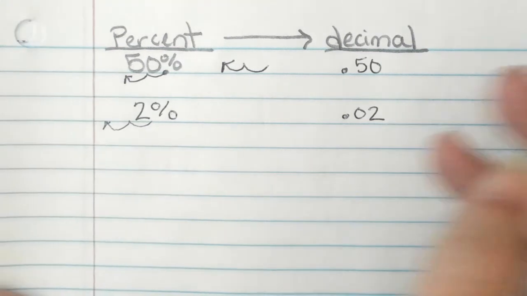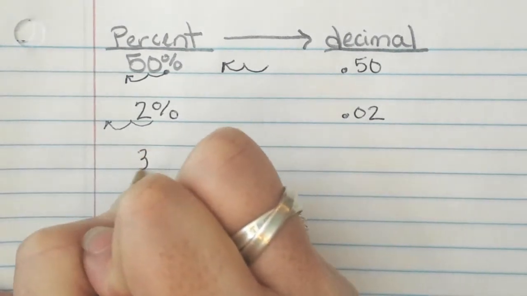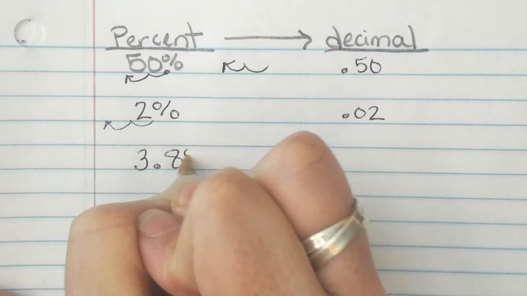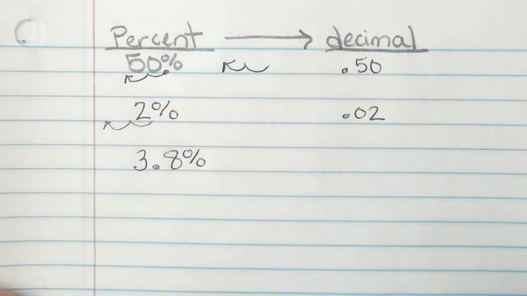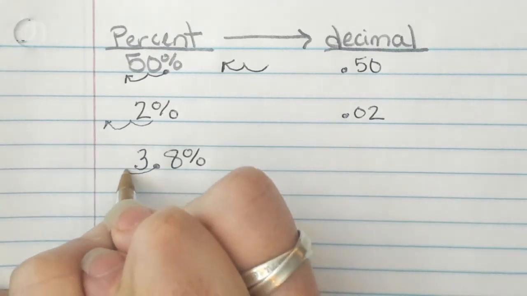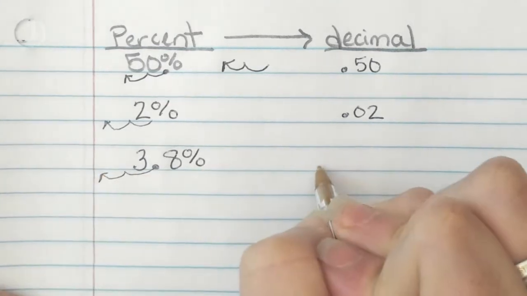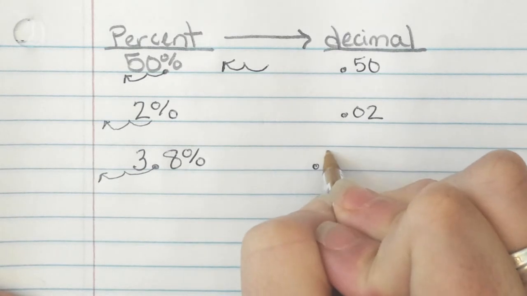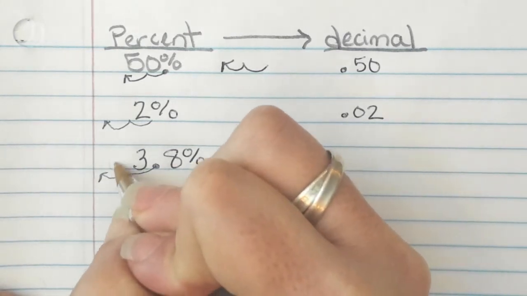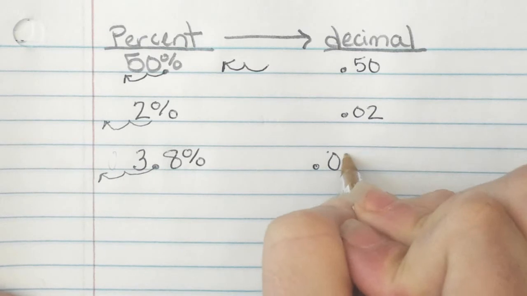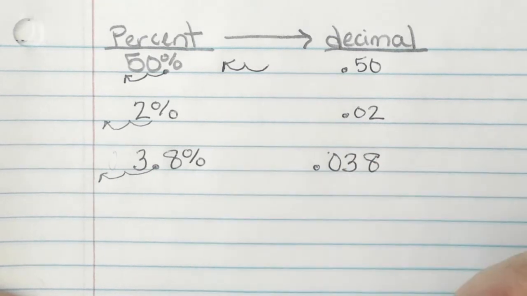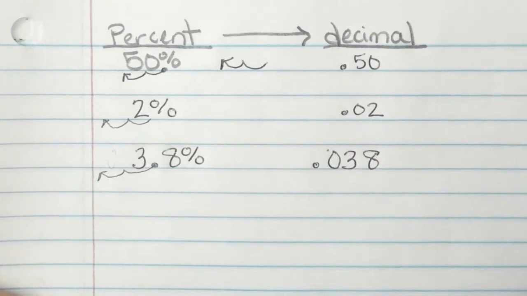Even if it's a weird one like this, 3.8%. If I bounce it twice to the left, there's a hole here, 0.038. It's always twice to change it to a decimal.